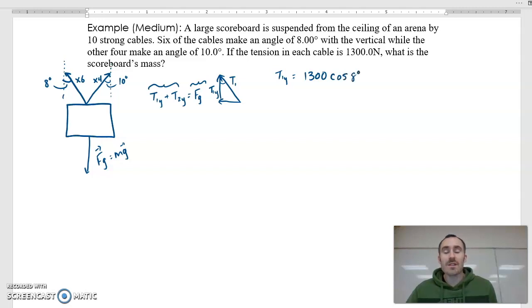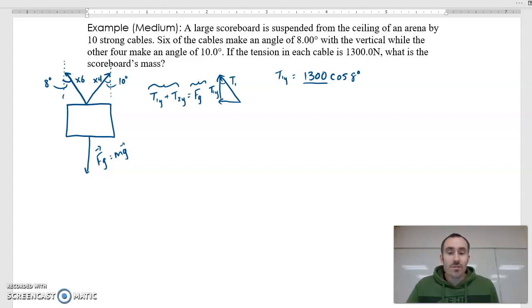Now be a little bit careful with just assuming that it's always the number that you're given times the cosine of the angle or times the sine of the angle, because that won't always be the case. It will always be the case if the number you're given is the hypotenuse, this one, and you are splitting it into components. Then it will always look like this. Okay, and you just kind of get used to that. I kind of skipped to that part.